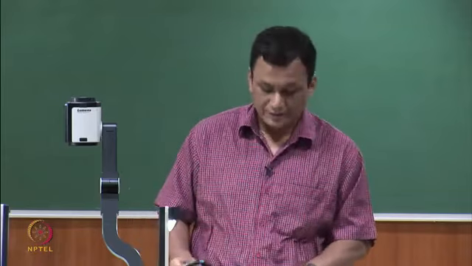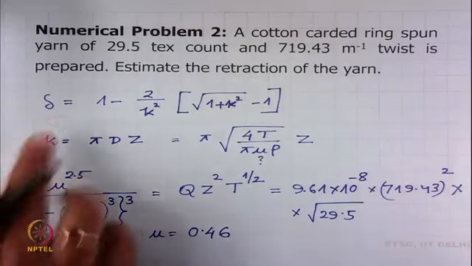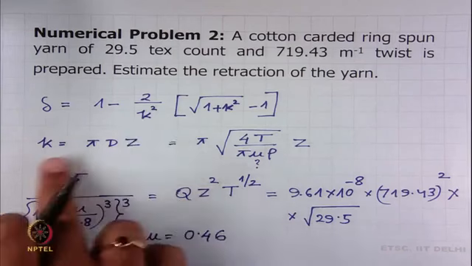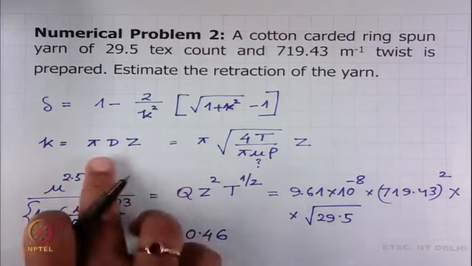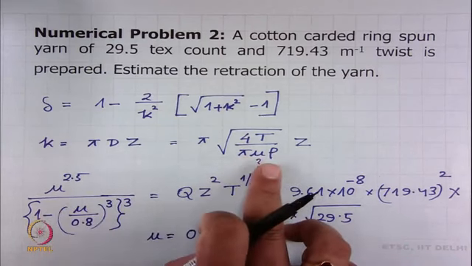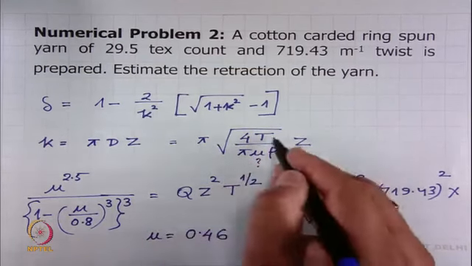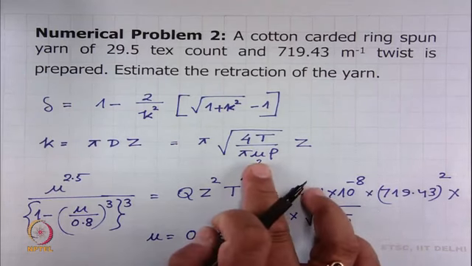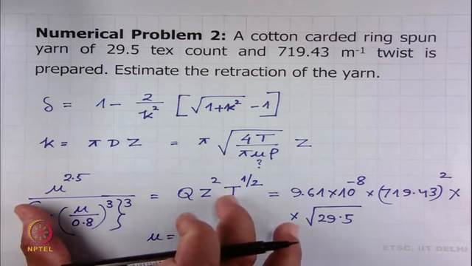Let me tell you once again what we did. We know yarn retraction is equal to this expression, where kappa is pi times d times Z, the yarn twist intensity. Now, d is the square root of 4T by pi mu rho. In this expression capital T is given, rho is given, Z is also given, mu is not given. So, we determine mu from the expression that we learnt in module 3.